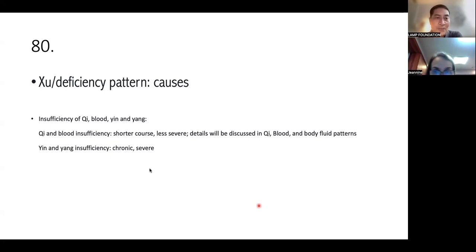Okay, so andito na po yin deficiency. And I'm sure everyone is familiar with this. Now let's go to the causes of excess pattern. Number 82. So, yang predominance, heat, excess type.